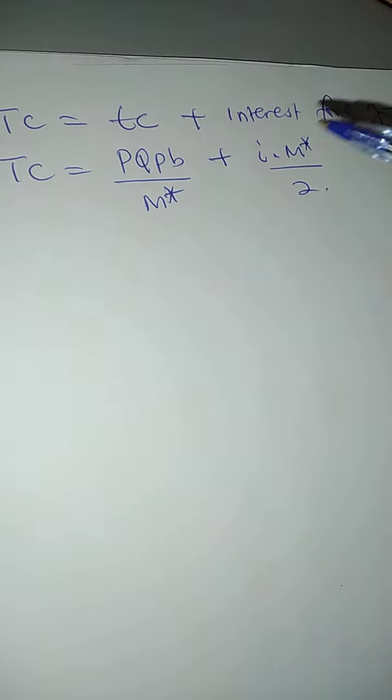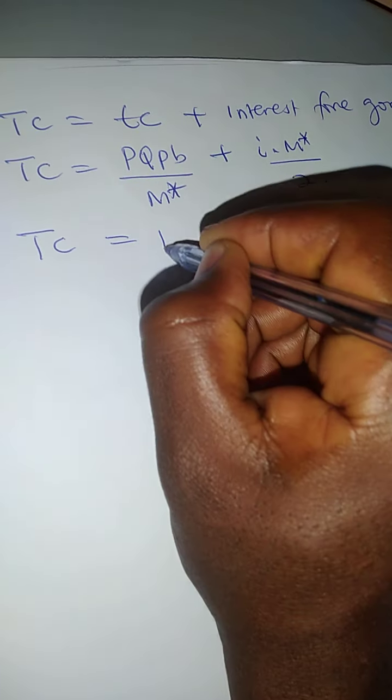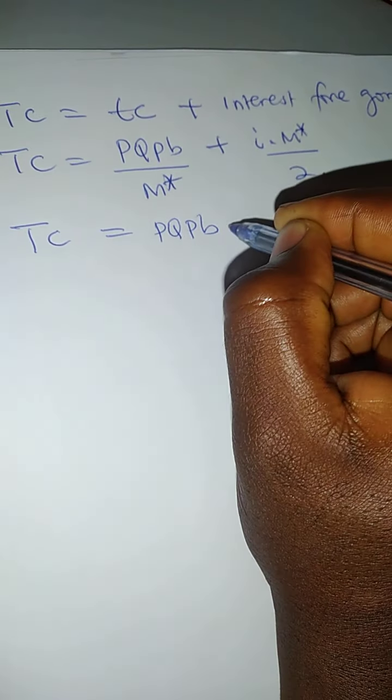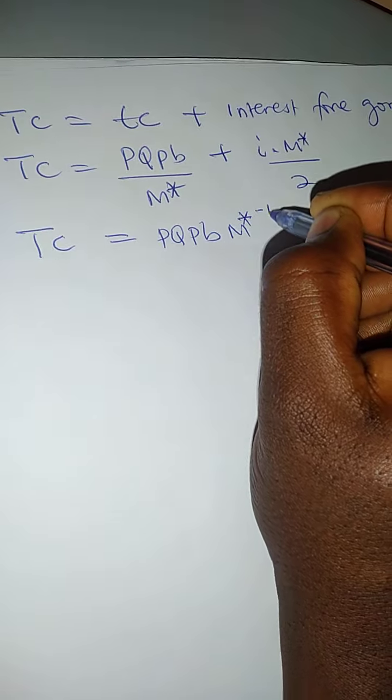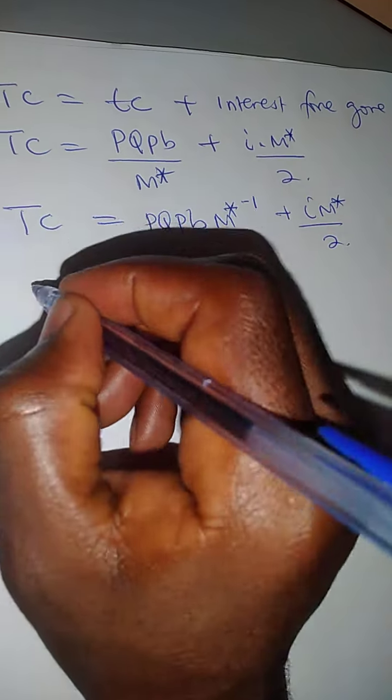So we can play with the mathematics to make this one a numerator. That means our TC is equal to PQ PB M star to power -1 plus I M star divided by 2. So from there we can take the FOCs.